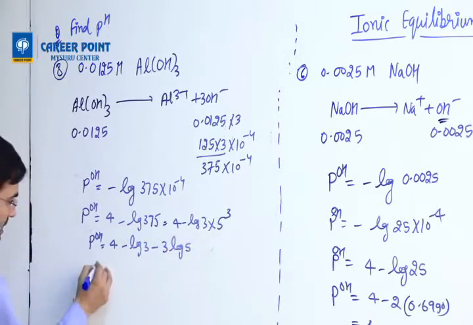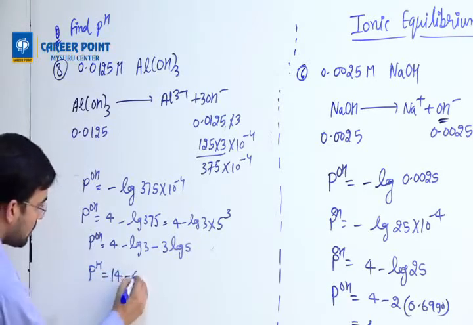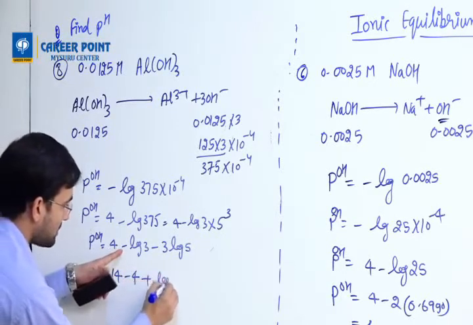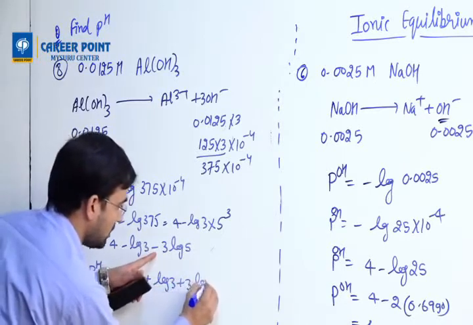So pH equals 14 minus 4 plus log 3 plus 3 log 5.